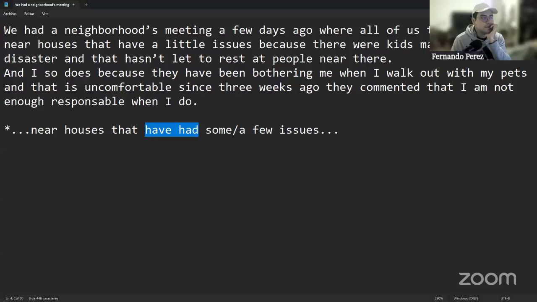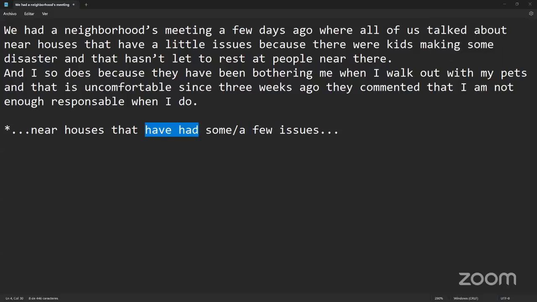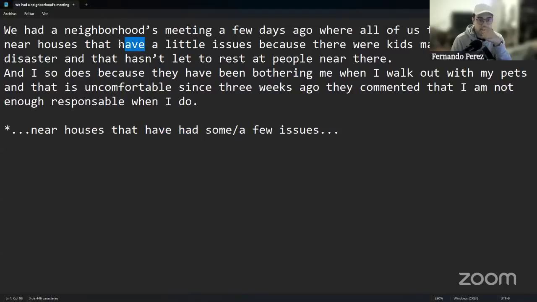Not only that, it started in the past and it continues happening. The word have doesn't give me this information. So use structure 6, and again, issues is countable. Little is uncountable. A little sugar, a little water, a little battery.